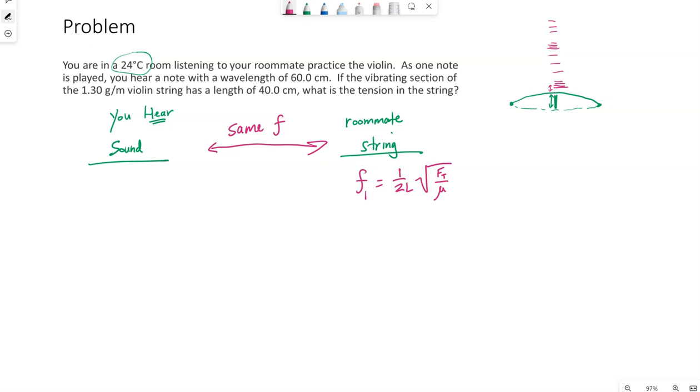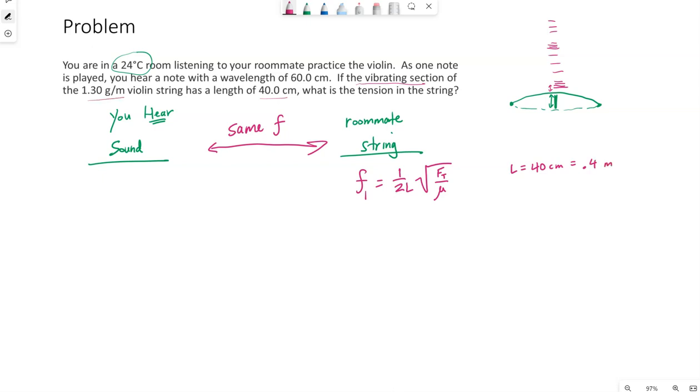So in reading the problem, it's telling us the vibrating section of this string has a length of 40 centimeters, which we will want in meters.